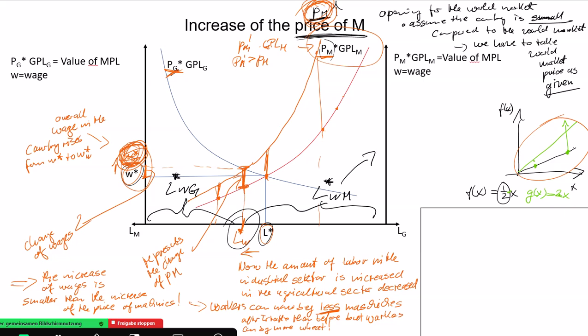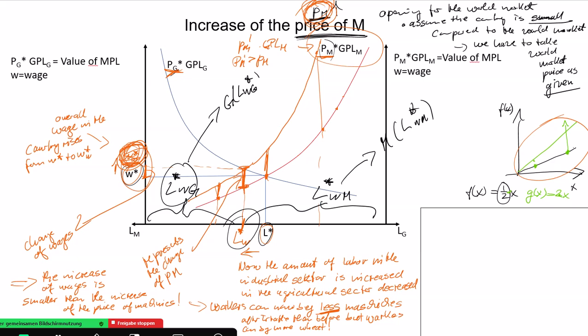And this translates in an amount of machinery given this labor amount, and this translates in an amount of wheat in the agricultural sector.